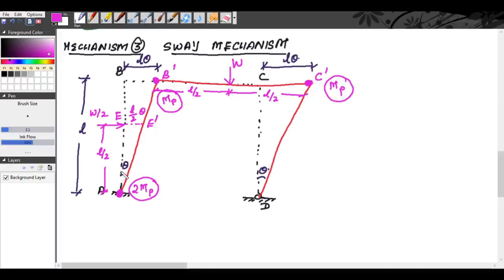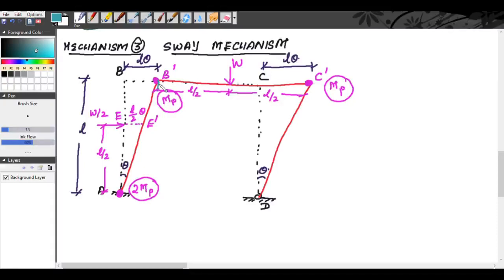Now, the angle at A is theta. What will be the angle at B? At B, you can draw the rotation of this plastic hinge like this.